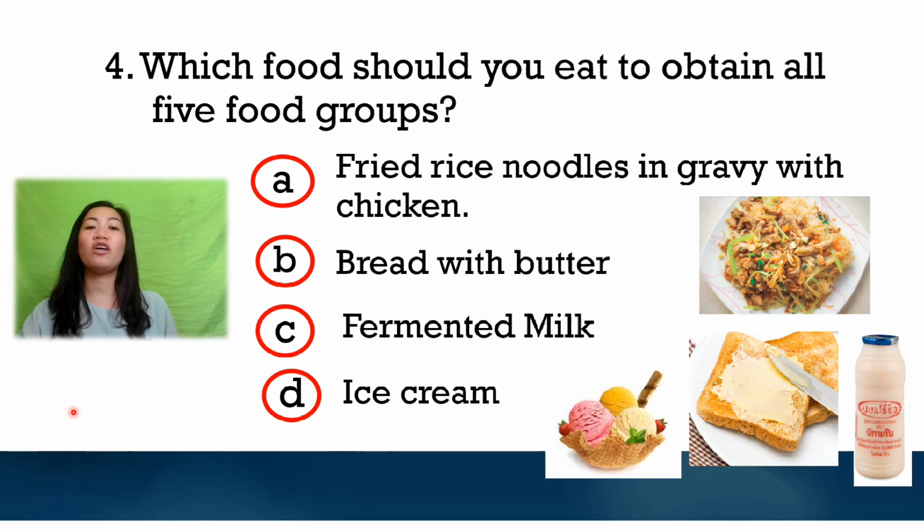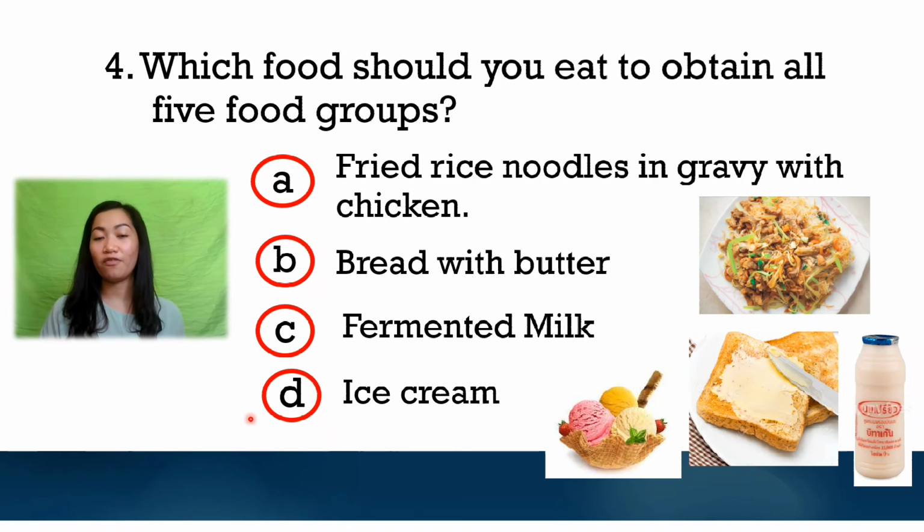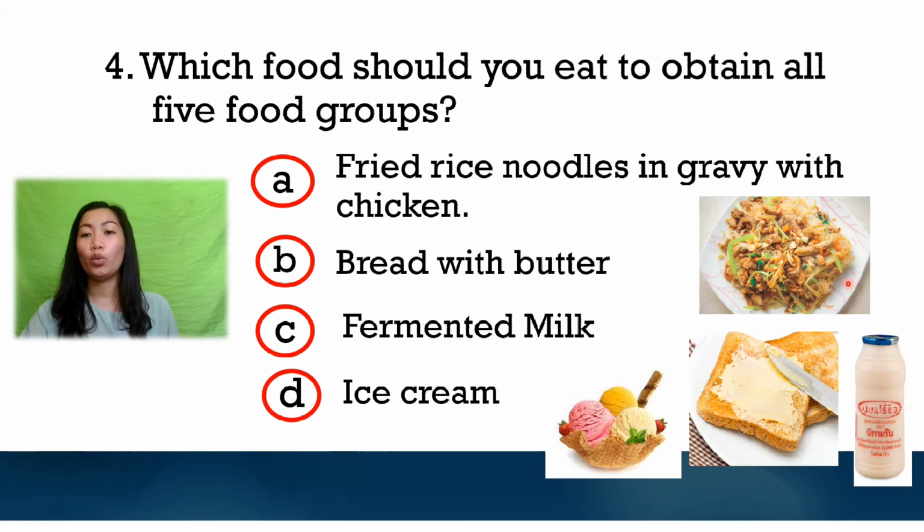Again, which of these foods can give you all the 5 groups of nutrients that we need in our body? So remember, our body needs a lot of carbohydrates. We also need protein. We also need the vitamins and the minerals, and of course, a little amount of the lipids or the fats. And now, from the food in the picture, which of these foods gives you the 5 nutrients that you need?